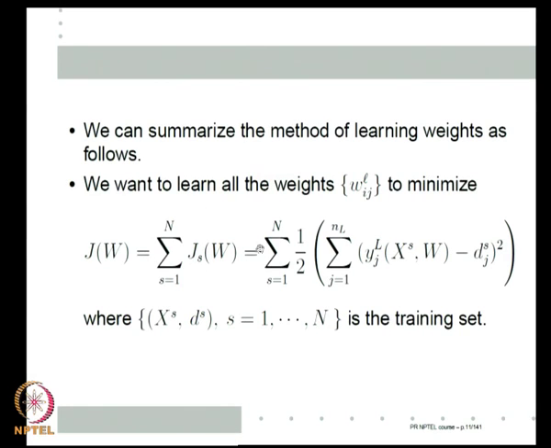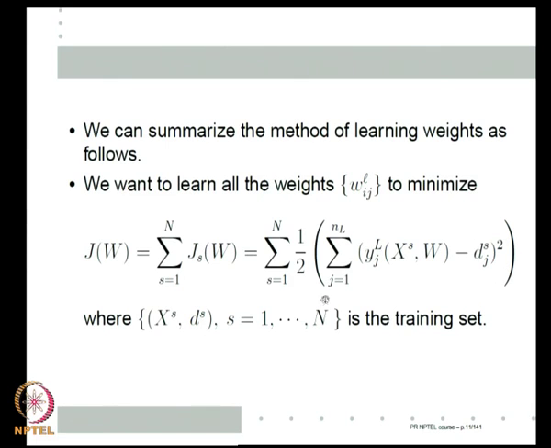So, J_s(W) is the performance measure, the error on a single training sample, and that is given as the sum over j of (y_j^L − d_sj) squared. Capital L is the output layer, so j is the node index in the output layer. y_j^L is the jth output of the network, which of course is a function of the input x_s and the weights W. So, this is what my jth output says on the input x_s with the current weights W, and d_sj is the jth component of the desired output.